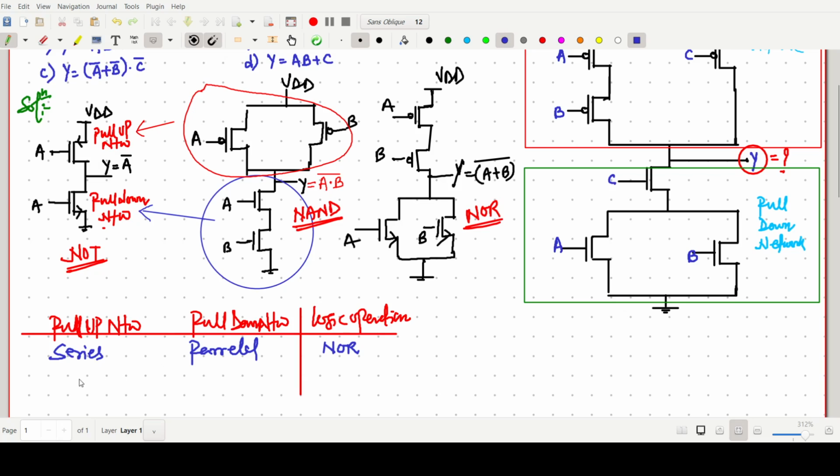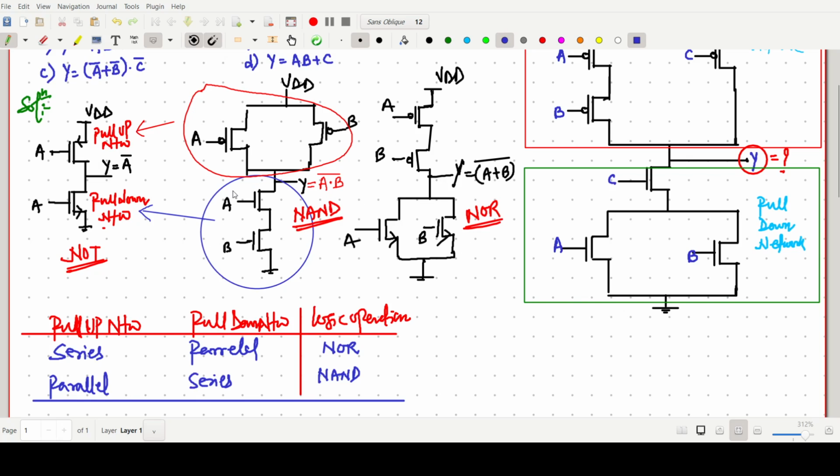And if the pull up one is in parallel and pull down is in series, it will perform a NAND operation. Those two things we have to be clear about. Series gives NAND, and parallel gives NOR. You can remember any one.